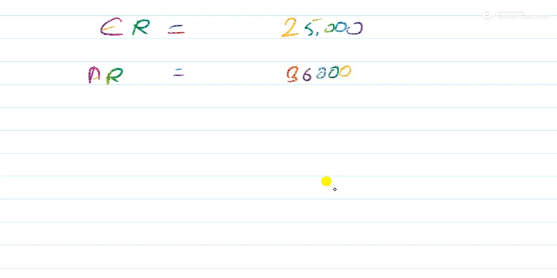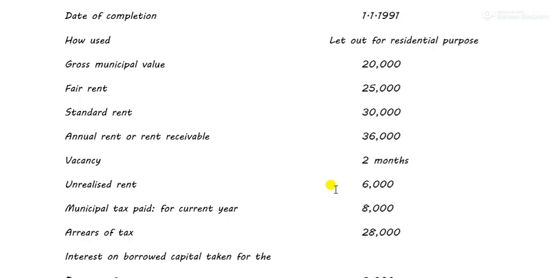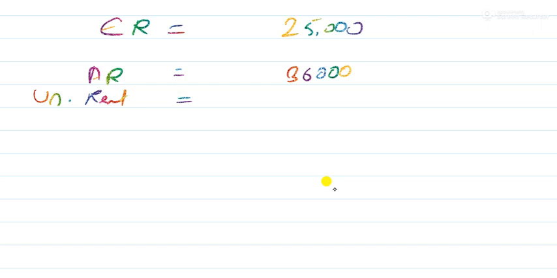Now from annual rent, what do we deduct first? First we deduct unrealized rent. What is the unrealized rent? The unrealized rent is 6,000.